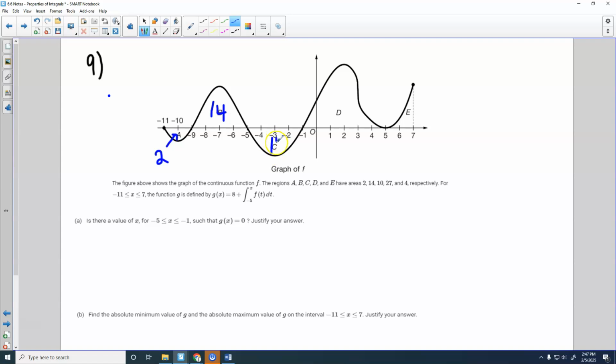C is 10. D is 27. And E is 4. They did not put negatives on that 2 and that 10 because it's telling you what the area is, and area is always positive. But we know by the picture, if we start integrating, that those values will be negative.